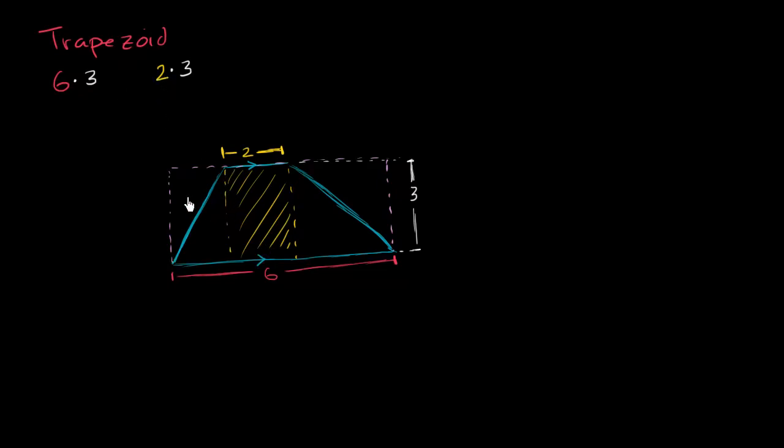Because when you look at the area difference between the two rectangles, let me color that in. So this is the area difference on the left-hand side, and this is the area difference on the right-hand side. If we focus on the trapezoid, you see that if we start with the yellow, the smaller rectangle, it reclaims half of the difference between the smaller rectangle and the larger one on the left-hand side.